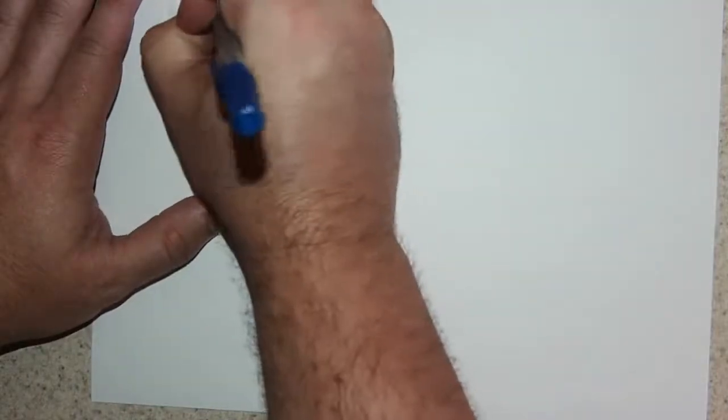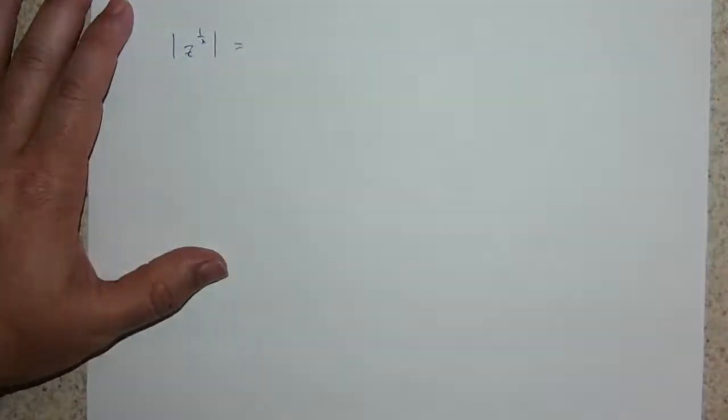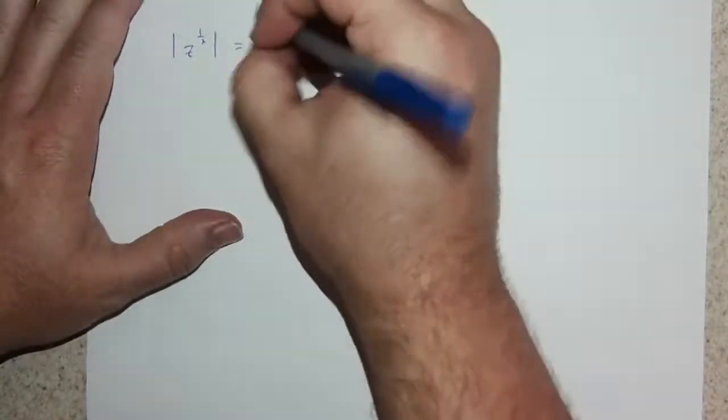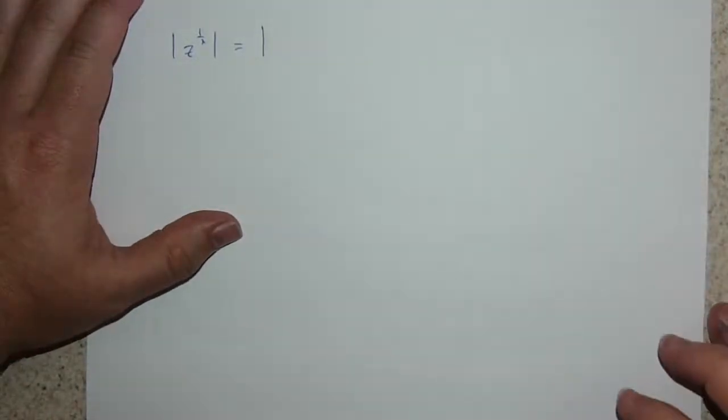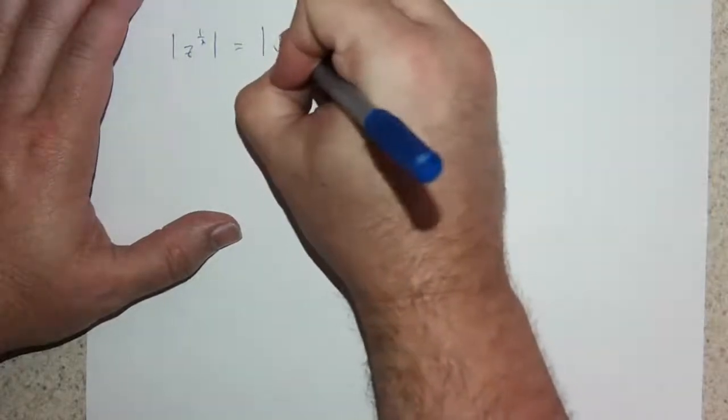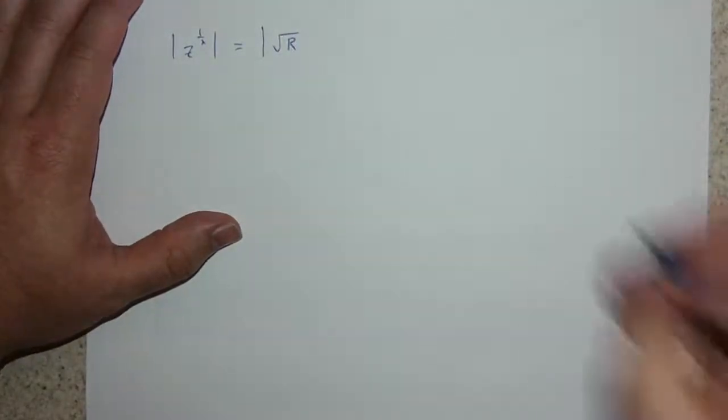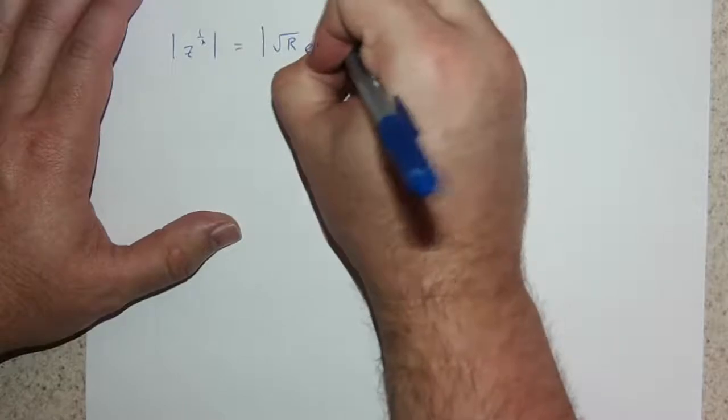So first of all, if I look at the modulus of the square root of z, z to the 1/2, just by the definition of this thing, this is the modulus of square root of r e to the i theta over 2.